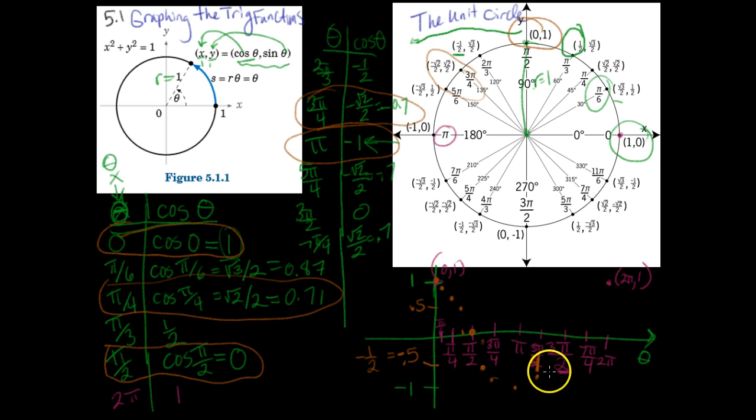And then 3 pi over 2 is back at 0. And then 7 pi over 4, so now I'm jumping over here. I'm skipping the pi over 3's, but 7 pi over 4 is close to 0.7 again, so we're going back up here, not quite to 1, but really close, and then 2 pi corresponds to 1.